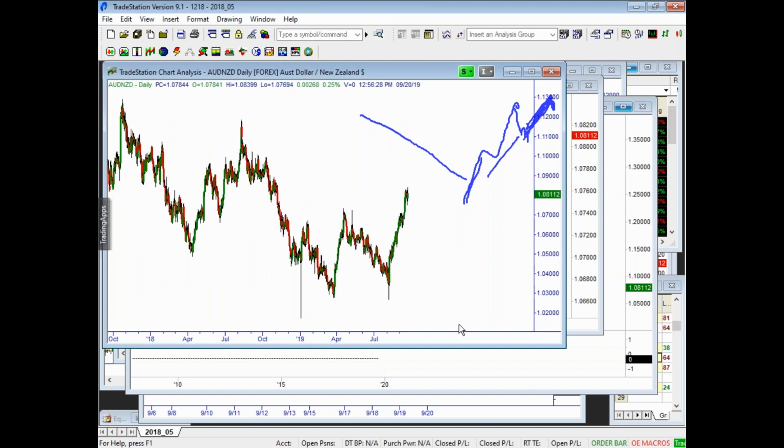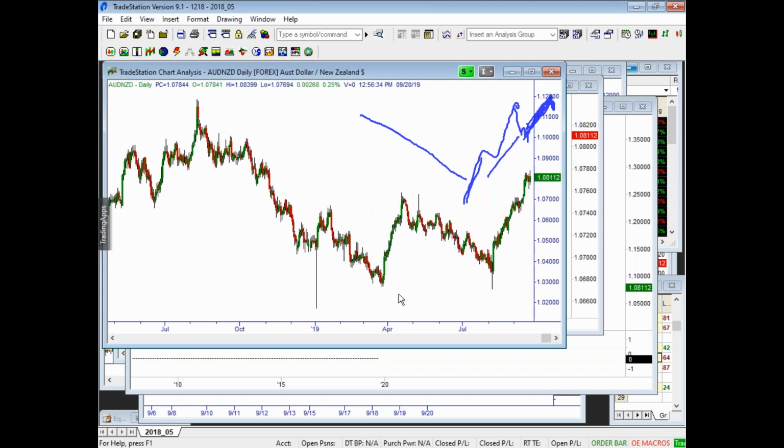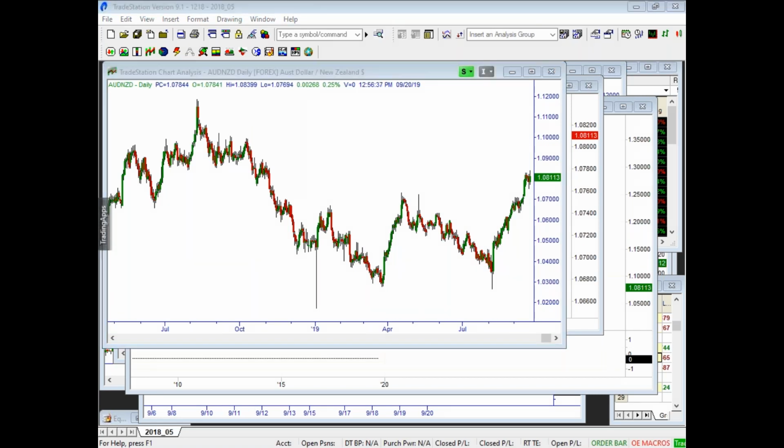Let's look at the daily. Yeah, daily has that room too. So the daily resistance is going to be up here, so this can easily do some more pushing action on the upside here.